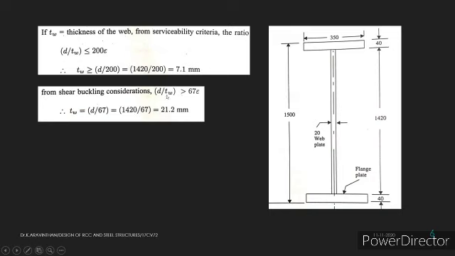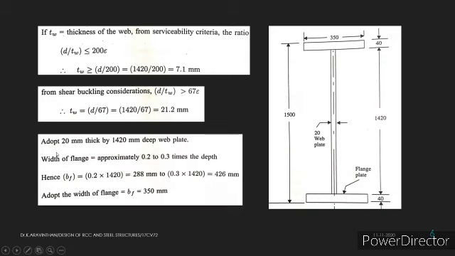So if you need the thickness of the web, you can cross multiply, and 1420 divided by 67 will be 21.2 mm. So we can adopt 20 mm thickness for the web. And what about the flange?